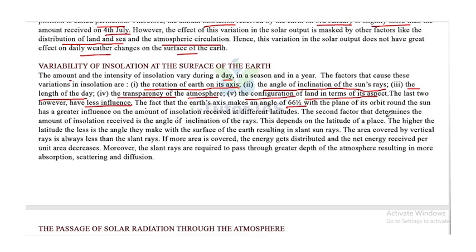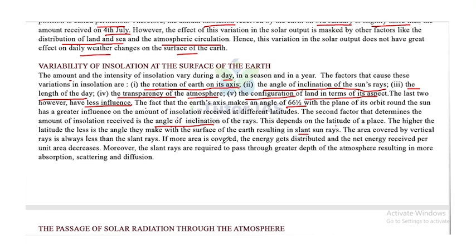The second factor that determines the amount of insolation received is the angle of inclination of the rays. This depends on the latitude of a place. The higher the latitude is, the less is the angle they make with the surface of the earth, resulting in slant sun rays. The area covered by vertical rays is always less than the slant rays.